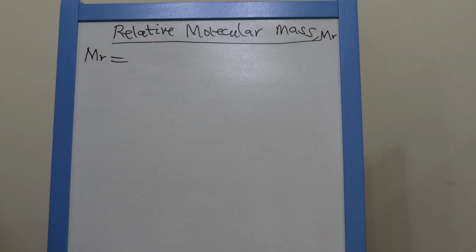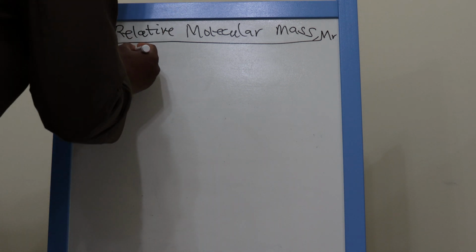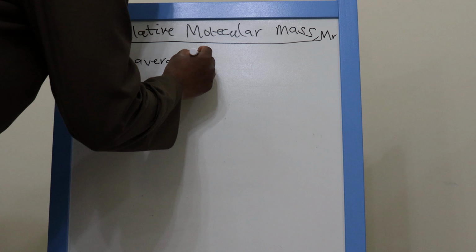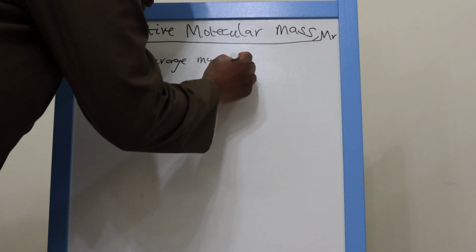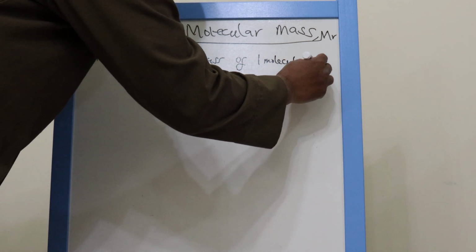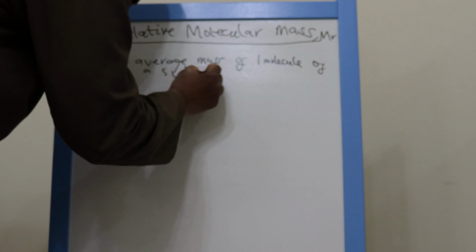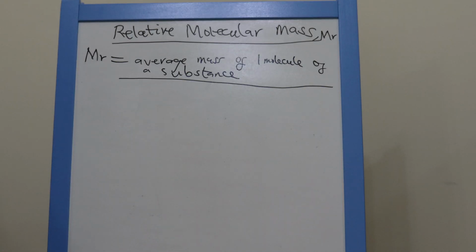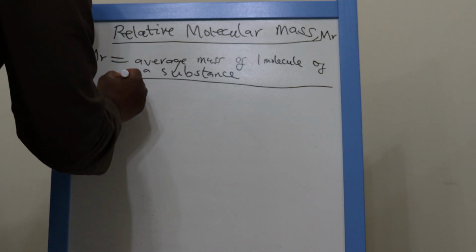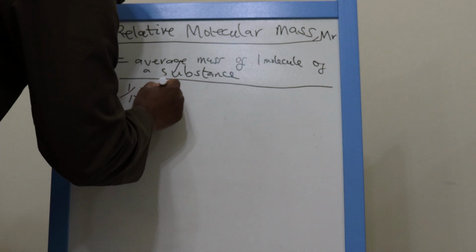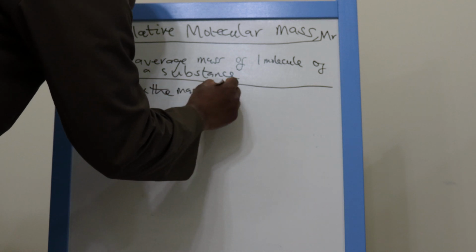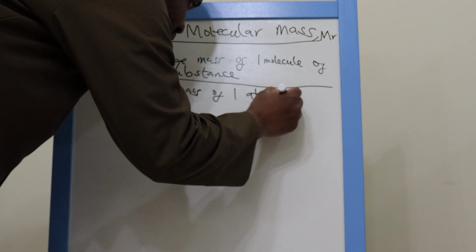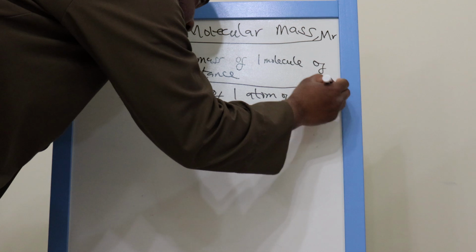When we talk of the relative molecular mass of an element or compound, it is the average mass of one molecule of a substance divided by 1/12 the mass of one atom of carbon 12.